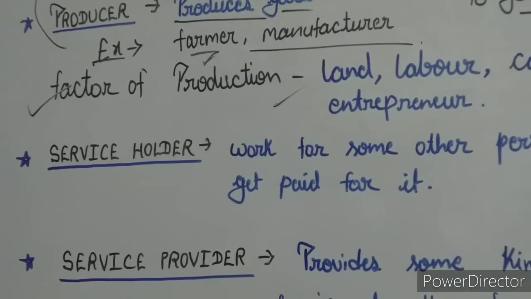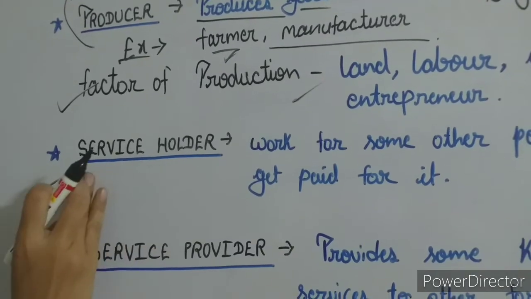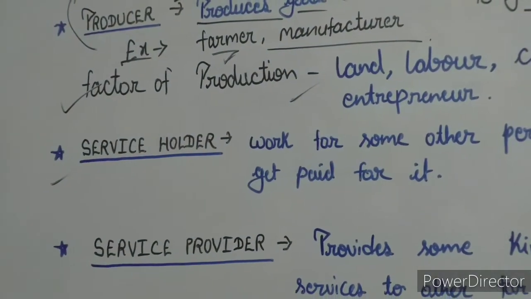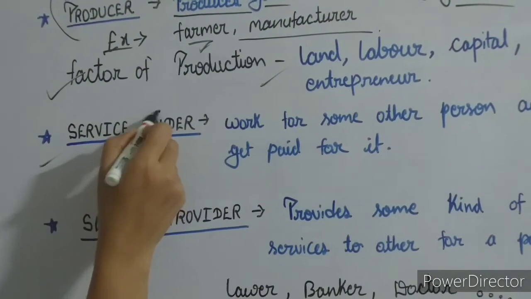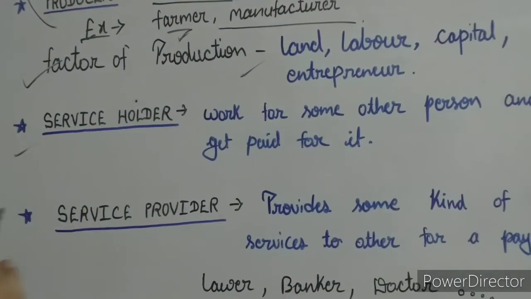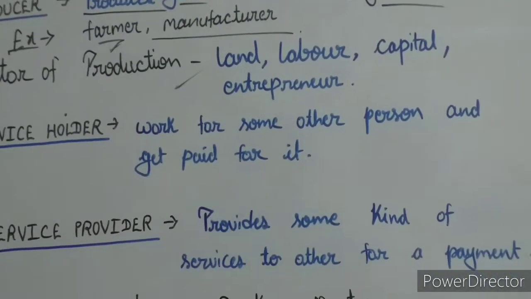Let's come to the next term, which is service holder. Who is a service holder? Holder means a person who holds the services. A person who works for some other person and gets paid for it, in the form of wages.